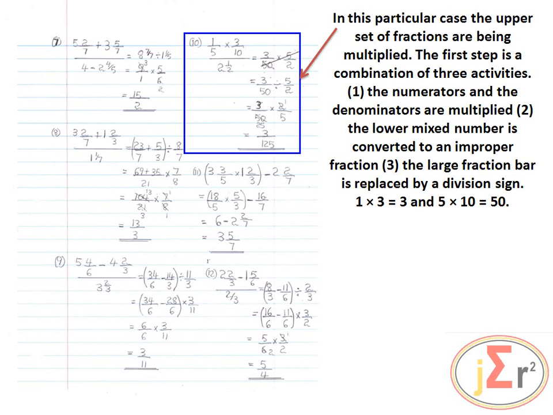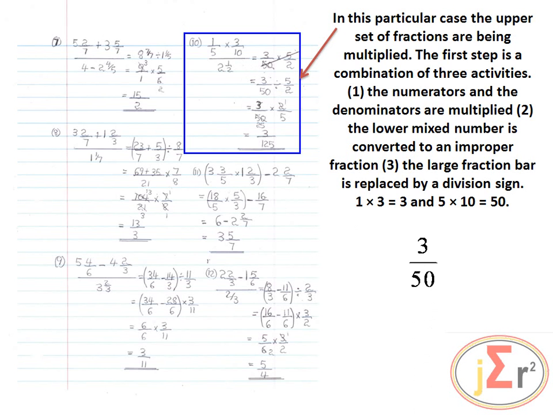One, the numerators and the denominators are multiplied, for the upper set of fractions alone. The lower mixed number is converted into an improper fraction. The large fraction bar is replaced by a division sign, and that is 3 in 1.